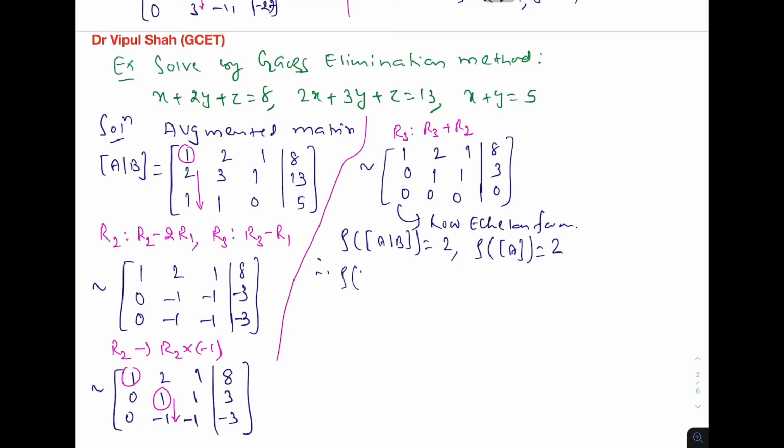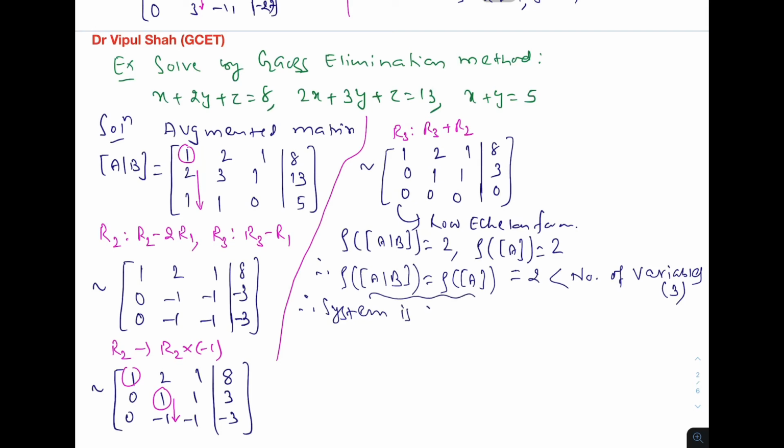And therefore rank of AB equal to rank of A equal to 2, but which is less than the number of unknowns, the number of variables, because here we have 3 variables. And therefore the system is consistent because of equal rank, but the number of solutions is infinite.